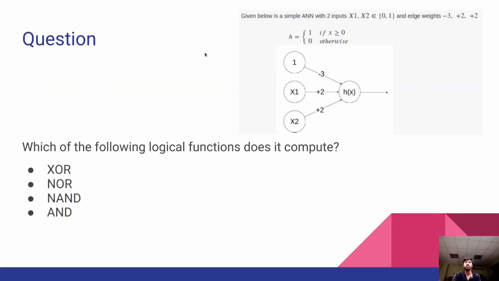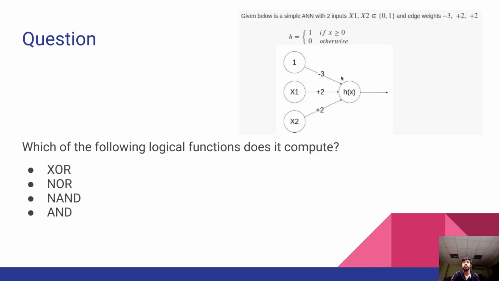Okay, next question. We have a simple artificial neural network. This is the input. Okay, so this is basically the bias. X1, X2 are the inputs, and h(x) is a function. If x is greater than 0, then it is 1, and if it is less than 0, the output is 0.